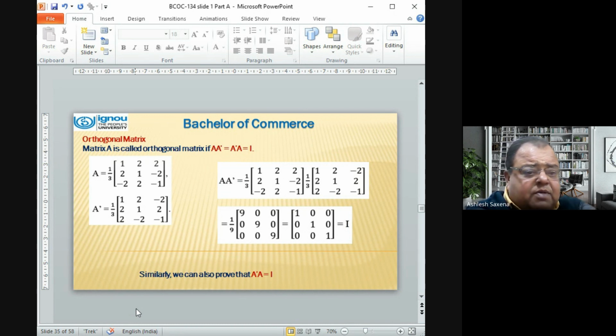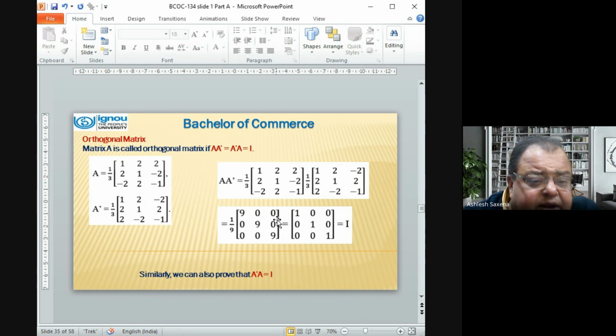If you see this problem, this is A. For A transpose, this scalar number will remain as it is and this part will change. The rows will be converted to columns. Now multiply these two. This will become 1 by 9 and this has to be resolved.